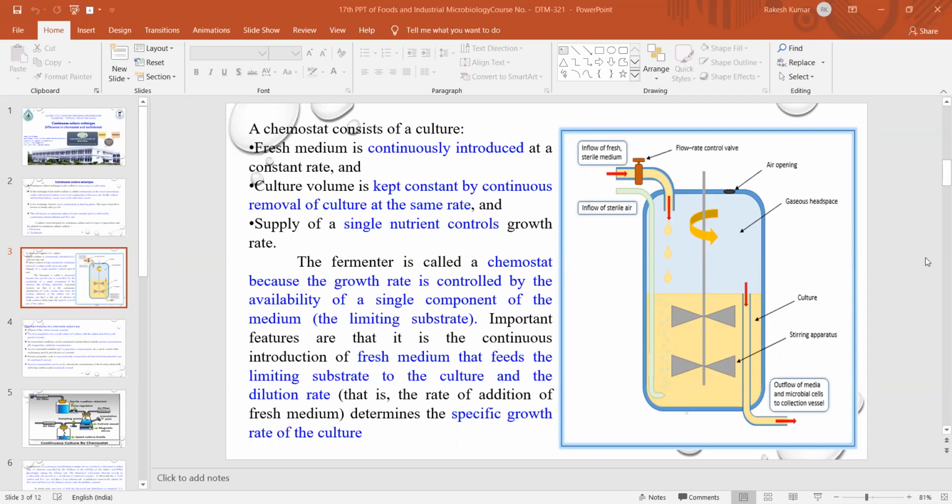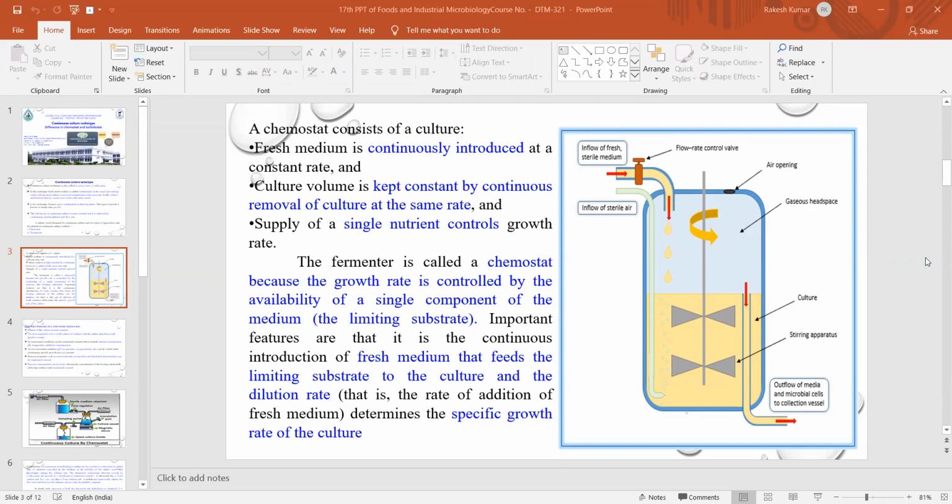You have to keep the volume of the substrate at a constant level, and for that you have to continuously add some amount of fresh medium, and we have to take out the final product or fermented product from the system at the same rate or same speed.